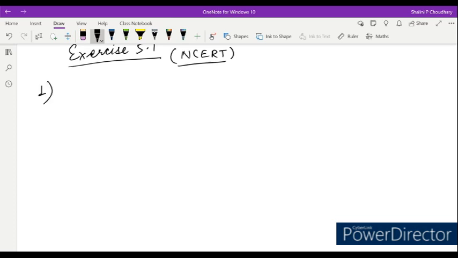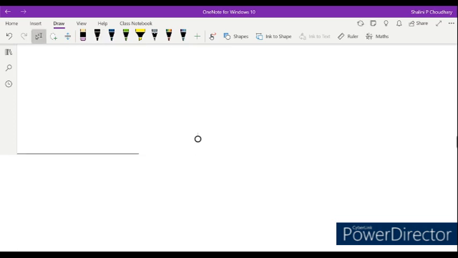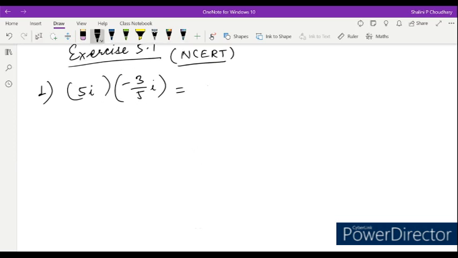Question number 1 is 5i multiplied by minus 3 upon 5 i. We have to convert this in the form of a plus ib. How can we do this? First of all, we multiply 5 into minus 3 upon 5, and then i multiplied by i, that is i square.